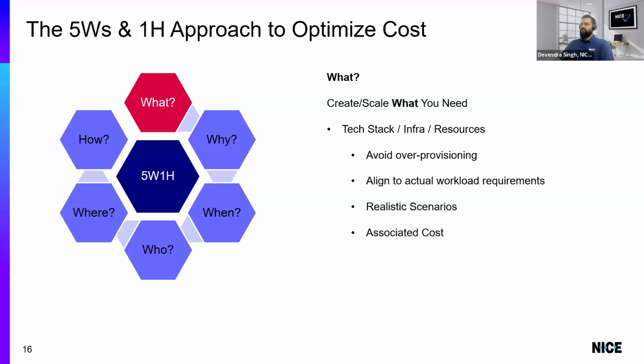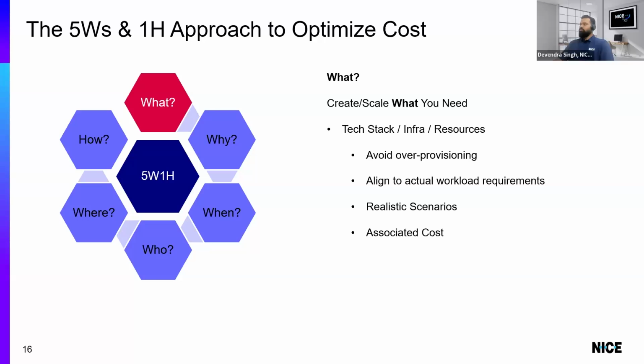As Yuvraj mentioned earlier, if we are starting, we do not have to go into multi-cloud or test with 10x. If the growth expected is 2x, then it's better to test with 2x or 2.5x initially. The key is to align resources to what is truly needed.